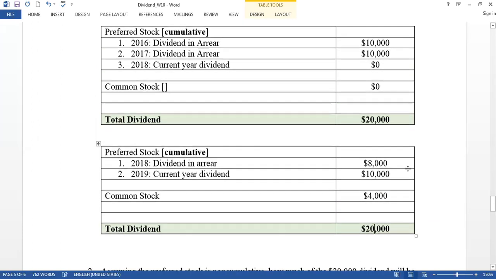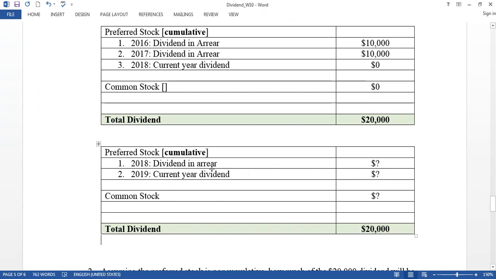So what is the amount? So 2019, company declared $20,000 dividend. Now, what is the dividend in arrear for 2018? 10,000, right?